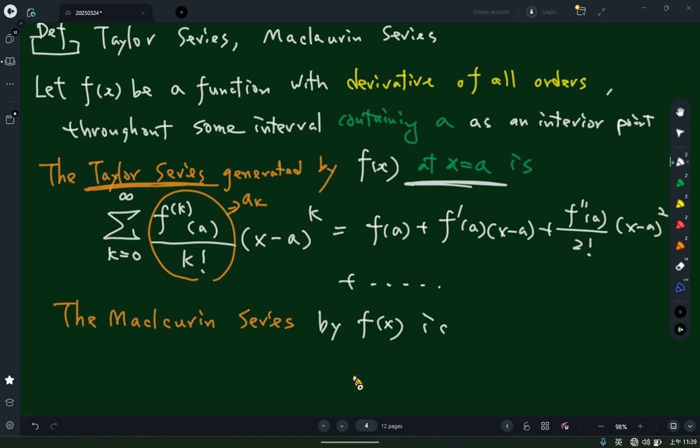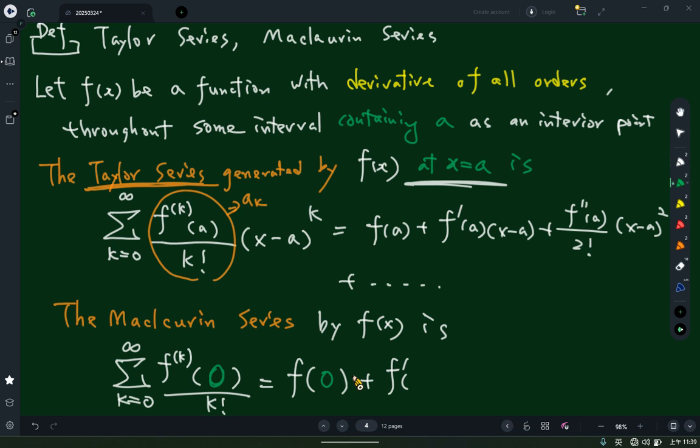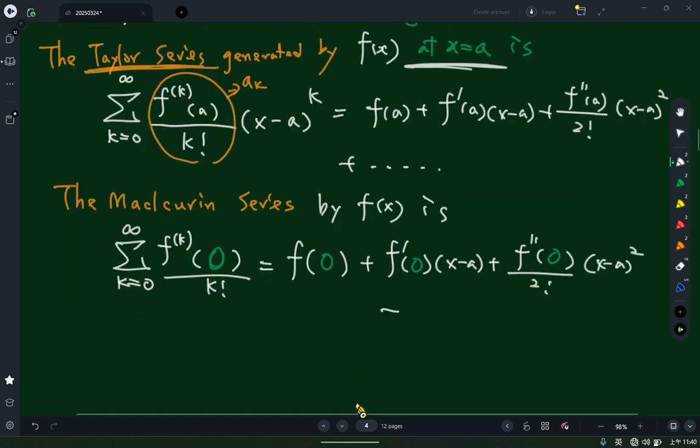We just simply have the sum, k from 0 to infinity, of the order k derivative at 0, which is f(0) plus f'(0) times x plus f''(0) divided by 2 factorial times x squared.